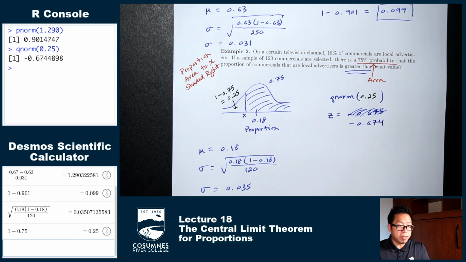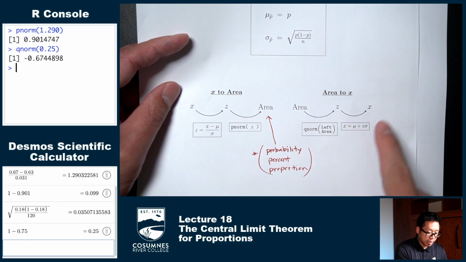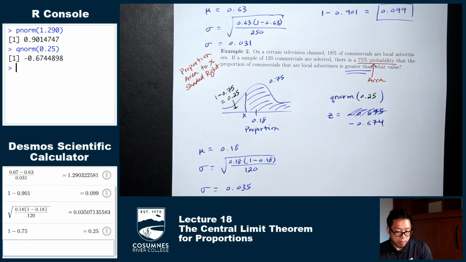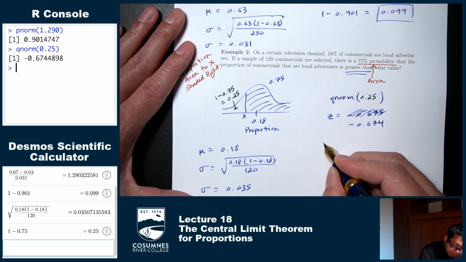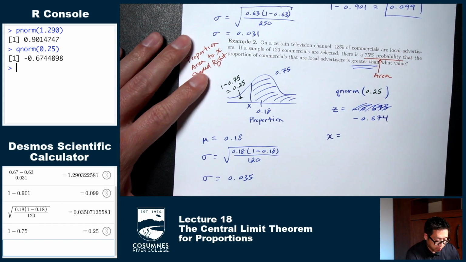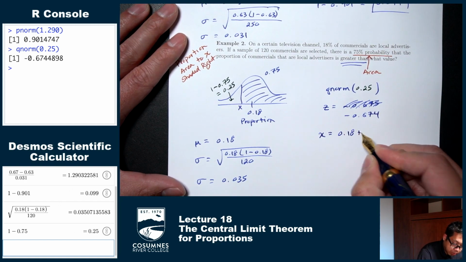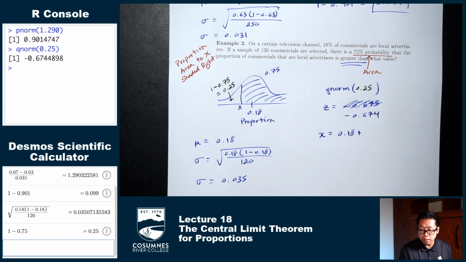Okay, we just did area to Z using qnorm. Last step, Z to X using the X formula. So X formula, X equals mu, that's the mean. Our mean we said was 0.18 plus Z times the standard deviation.